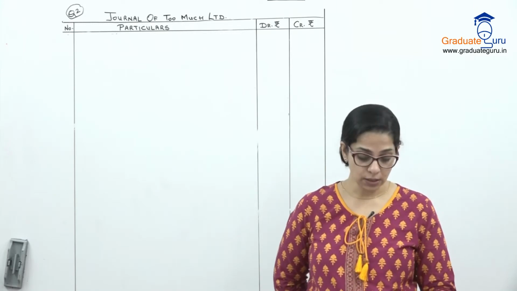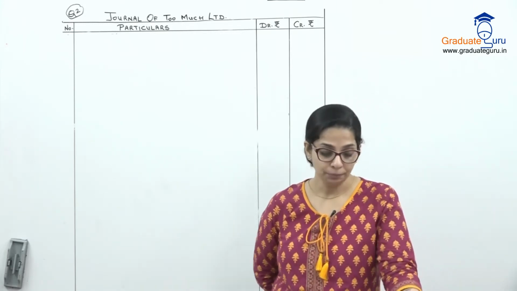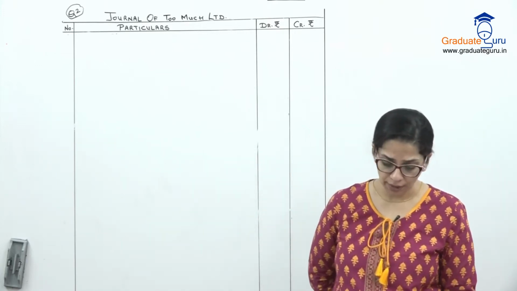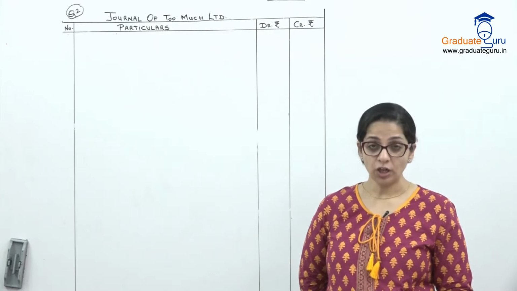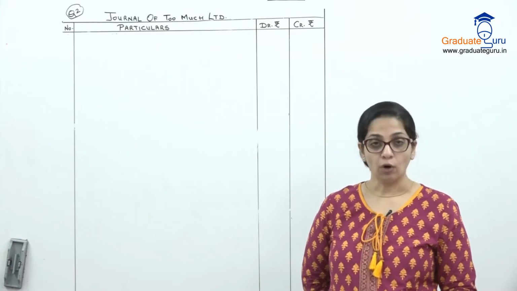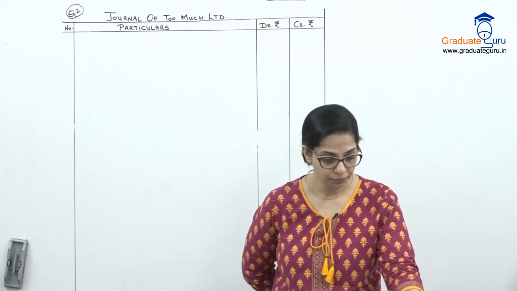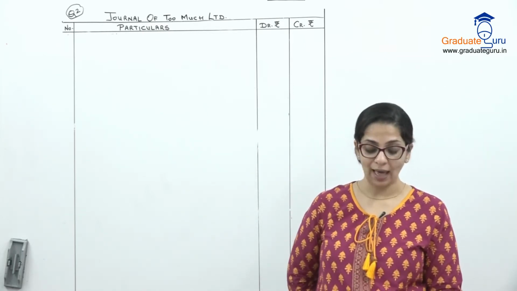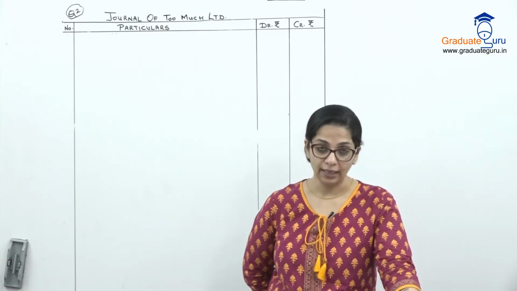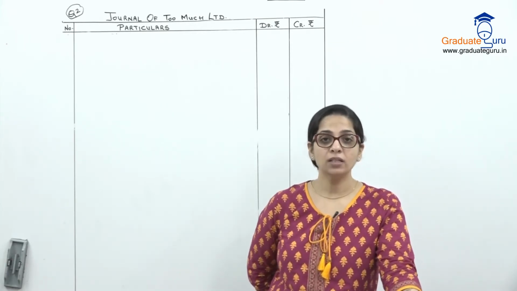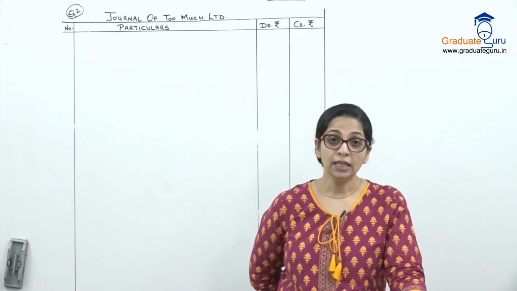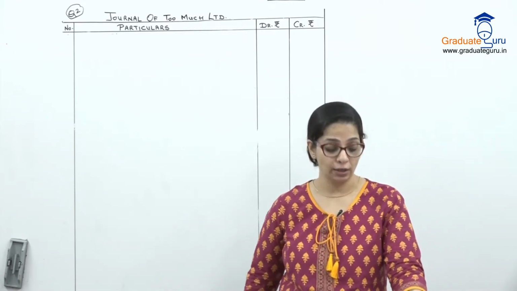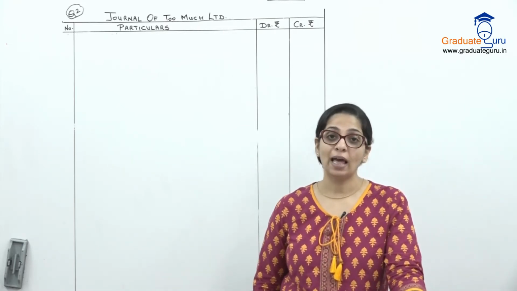The following balances appeared in the books of the company as on the date of buyback. Securities premium account है 2 lakhs. General reserve is 20,000. Profit and loss account is 80,000. And then they've said Too Much Limited had a bank balance of 1,50,000 on the date. And to provide for balance funds, it sold its investments of book value 1,75,000 for rupees 1,50,000.